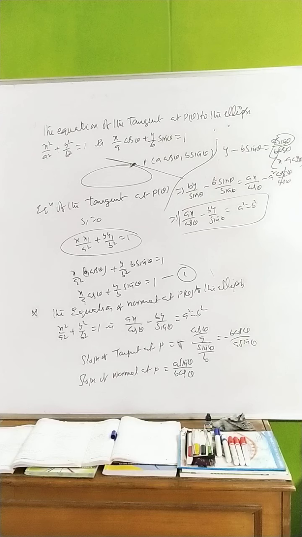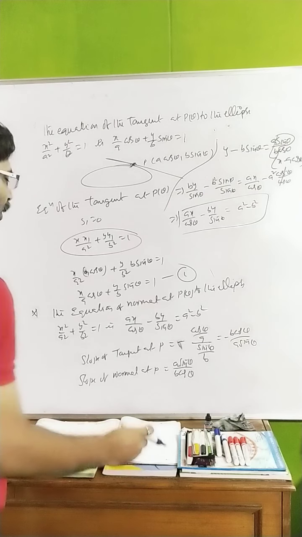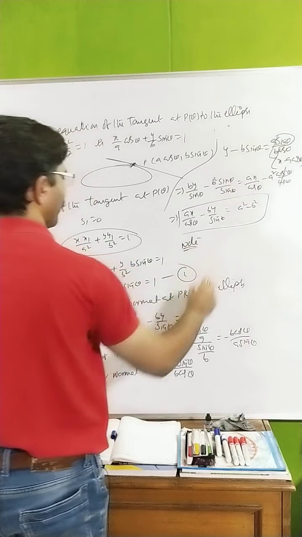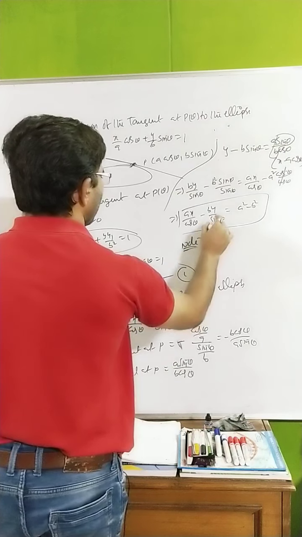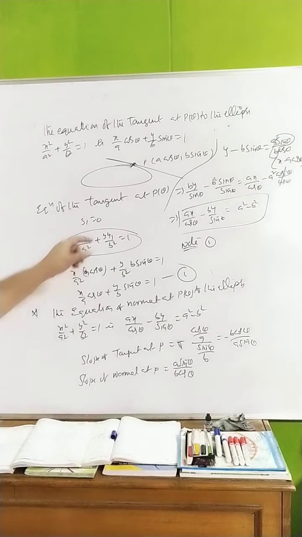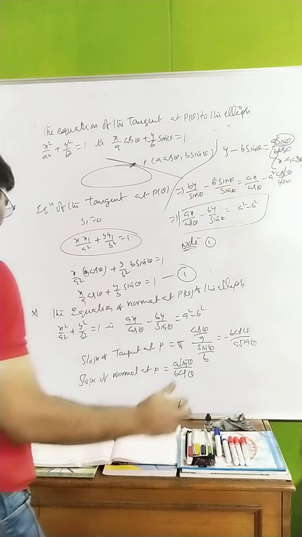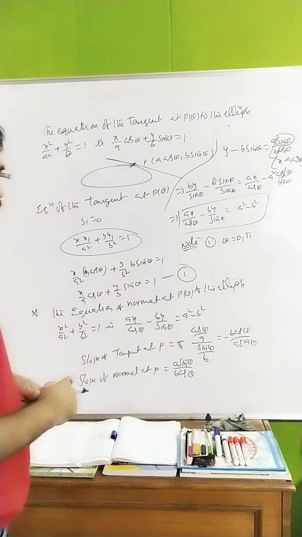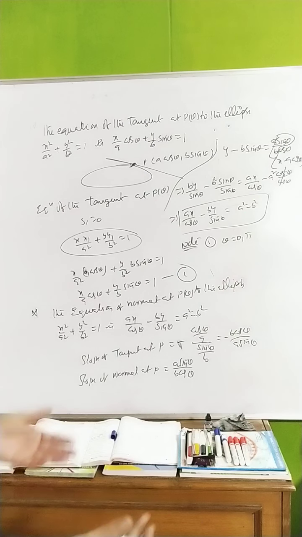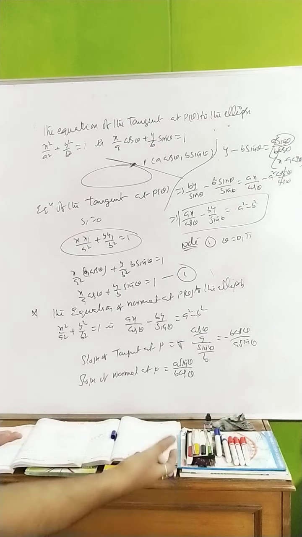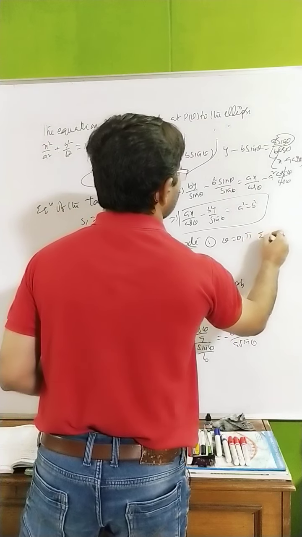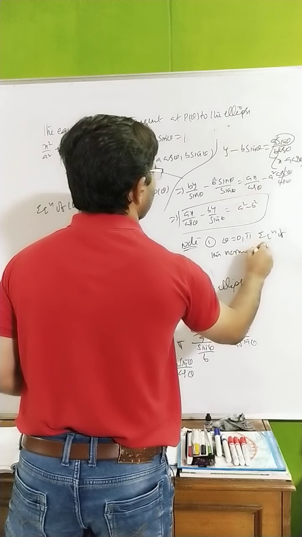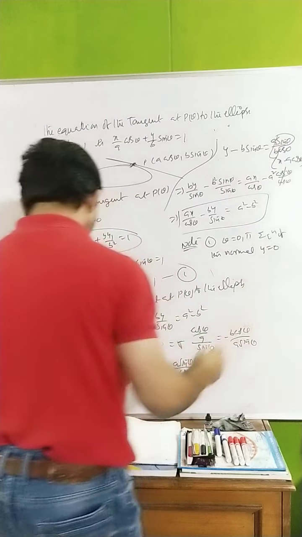Related to this, I want to tell you 2 points. The first one is related to the normal. Suppose theta is equal to 0 and pi, it may happen, then the equation of the normal is y is equal to 0 you will get.